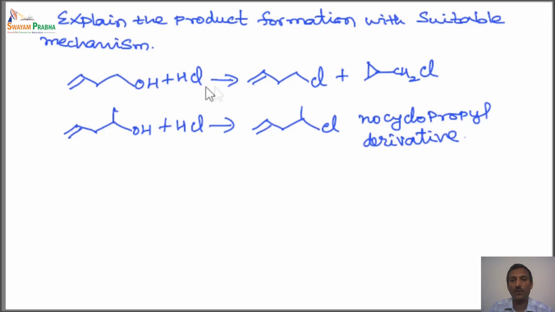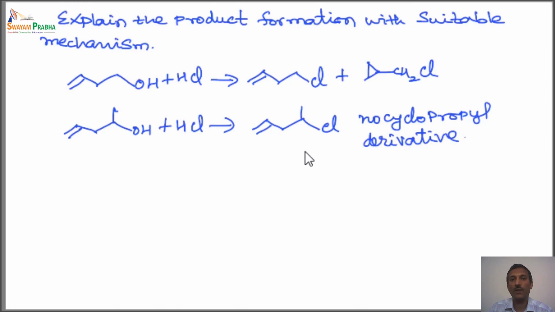When the first one is treated with HCl, we get a cyclopropyl derivative, whereas when we have a methyl group here and it is subjected to the same reaction, we do not get a cyclopropyl derivative, but the same substitution product is obtained. So how do we explain this product formation?